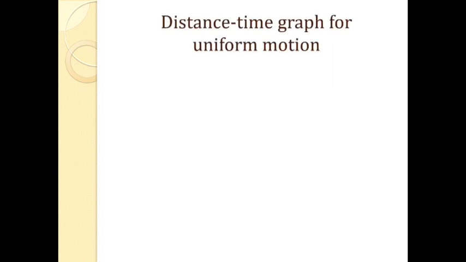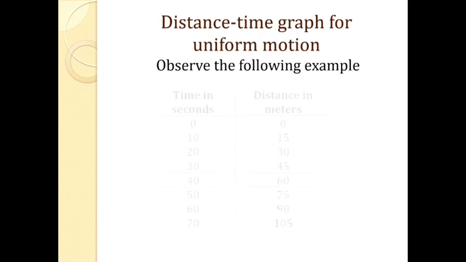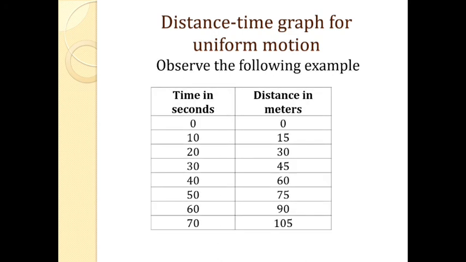Next, let's move to the graphical representation of uniform motion. See, the table in front of you will show the distance and time relation of uniform motion. As you see the two columns, the first column is of time and the second column is of distance. If you focus on the column of time, you may observe that the time interval is equal in each case.